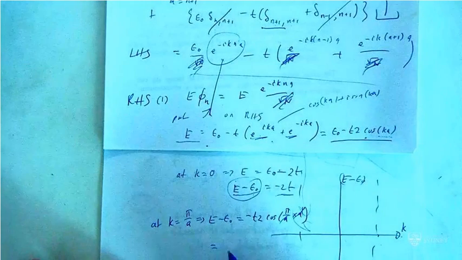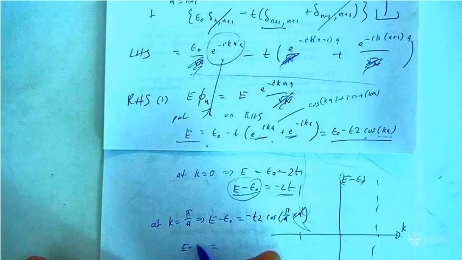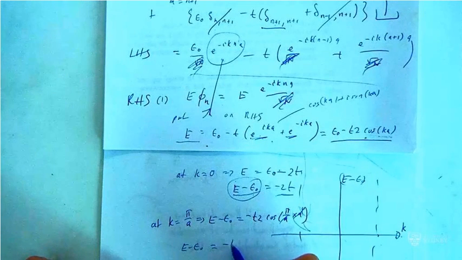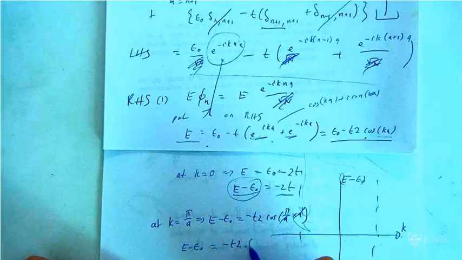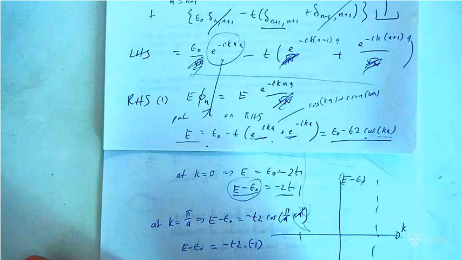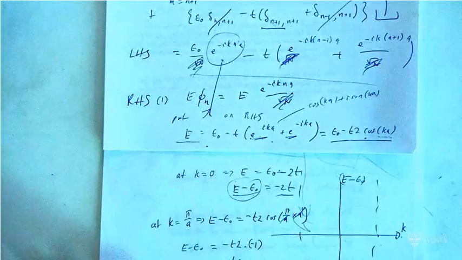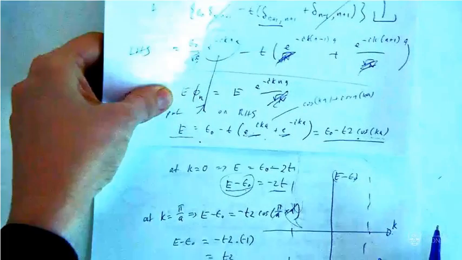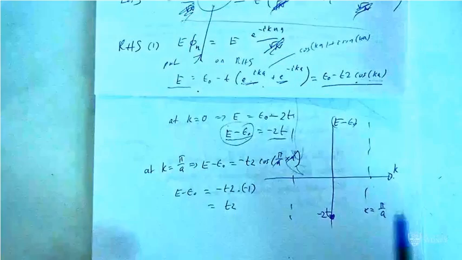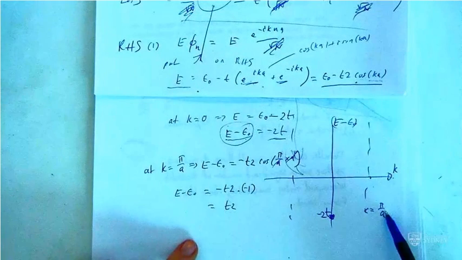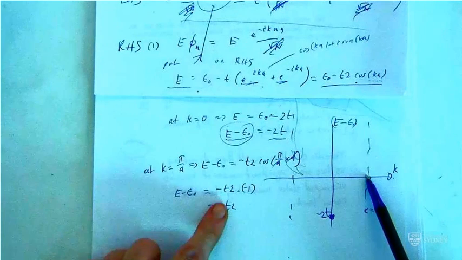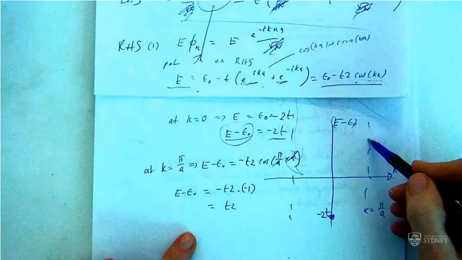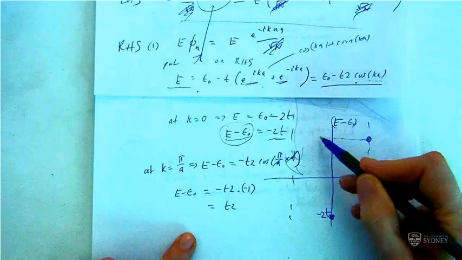So we will just get minus 2t times minus 1, and that will get you plus 2t. So at k equals pi on a, we get a value of plus 2t.